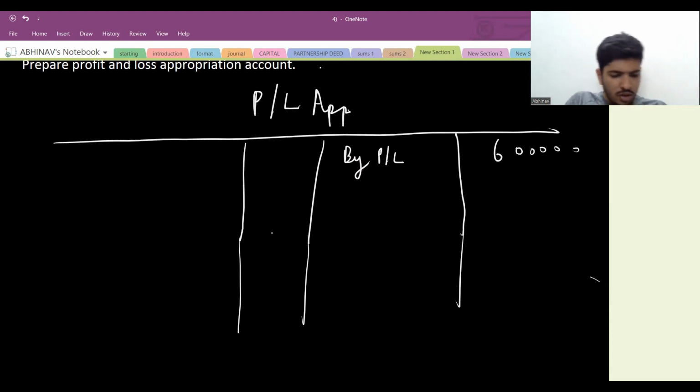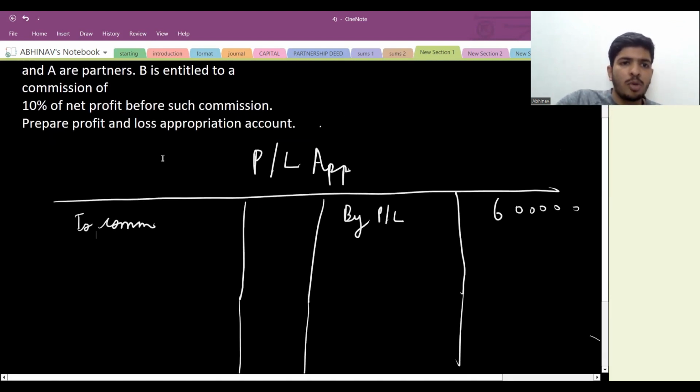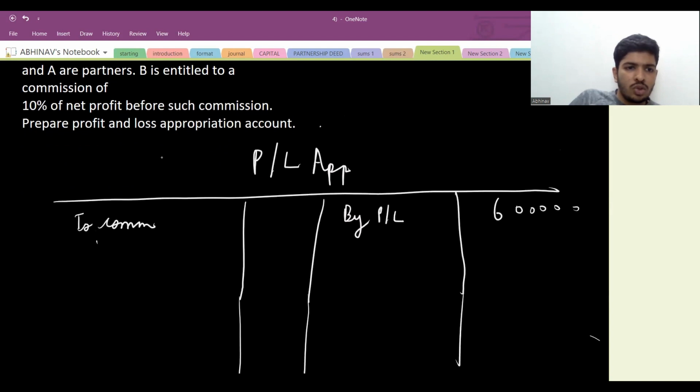Right? And it's to commission. Here they are telling only B is entitled to a commission, that is 10% on net profit. So you write B's capital account. We assume it's a fluctuating capital method.